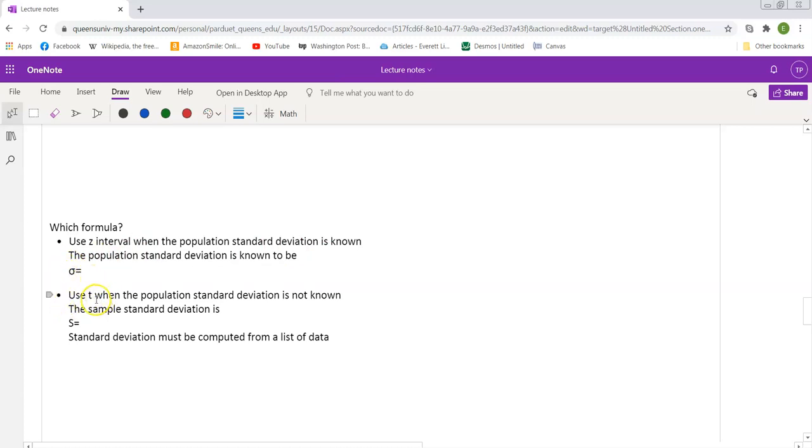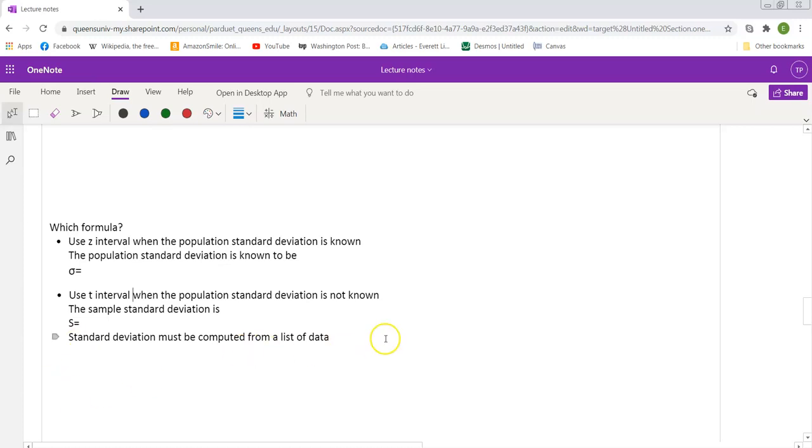You use the T interval formula when the population standard deviation is not known. And you might see that in these three ways. If they say, here's the sample standard deviation, if they say S equals, or if what you have is not summary statistics but a list of data, and you have to compute the standard deviation.